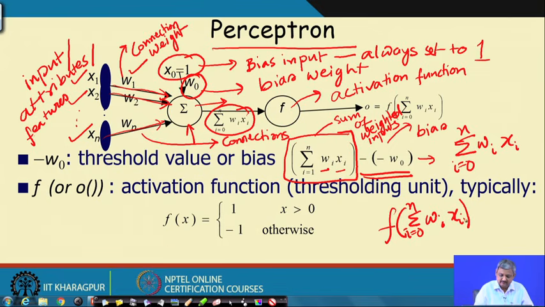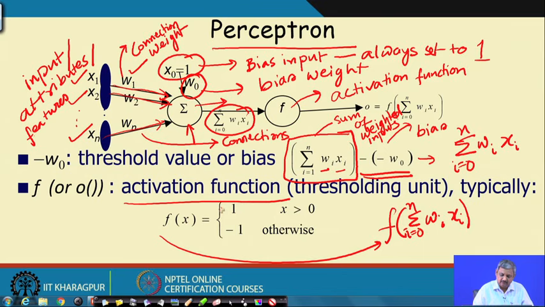It is as if some function f applies on this summed up weighted inputs. So, this activation function is very important. It can take different forms. Here is one particular form.